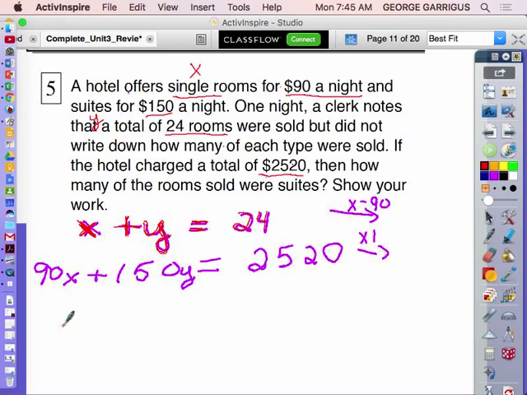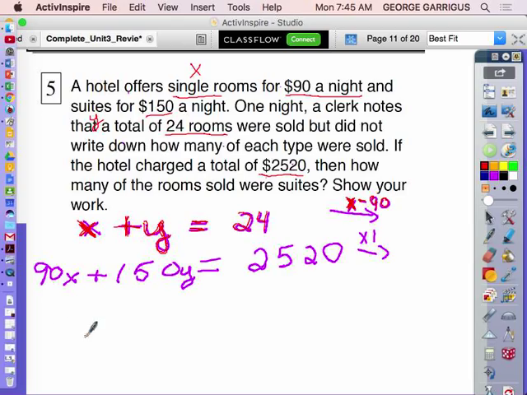So in this case, elimination makes the most sense. We're going to multiply the top equation times -90, and what you end up with is a fancy equation.